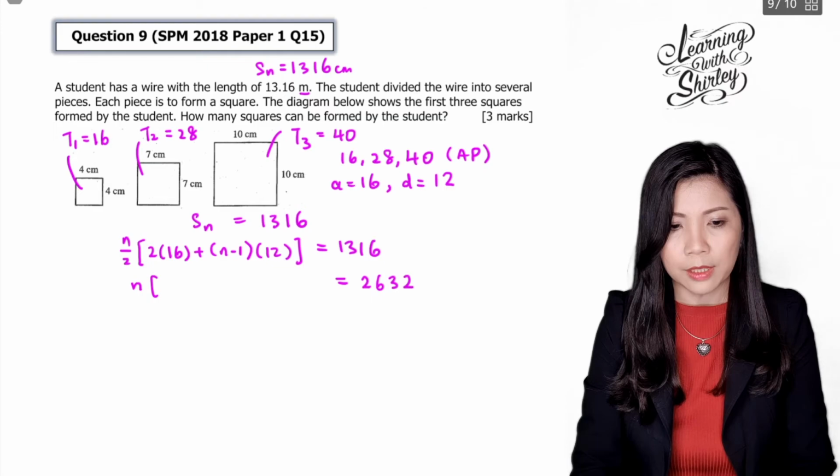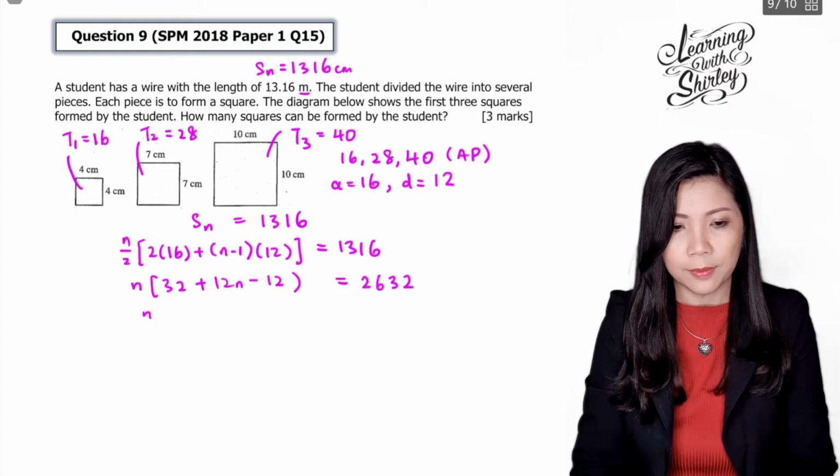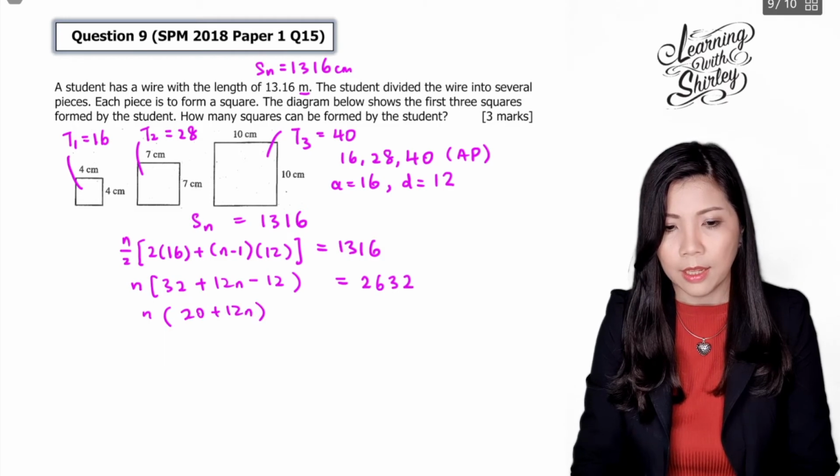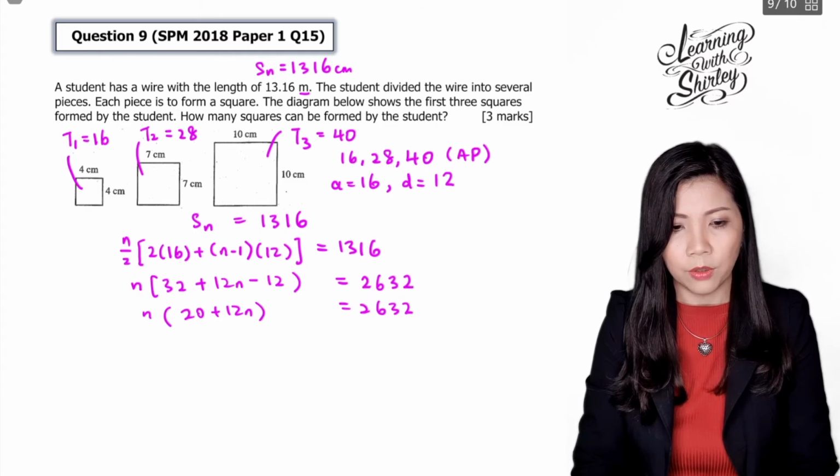So we'll get n times, 2 times 16 is 32, plus 12n minus 12, equals 2632. Now we're going to solve this. 32 minus 12 is 20, plus 12n, and this is 2632. Then we're going to arrange this.